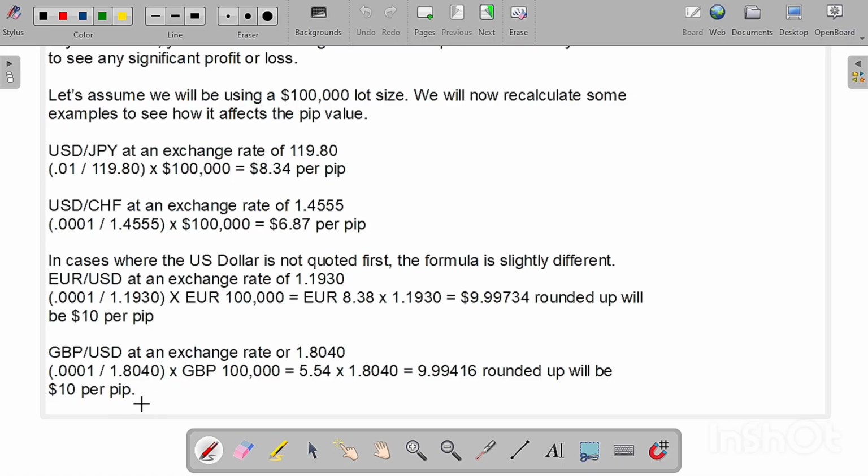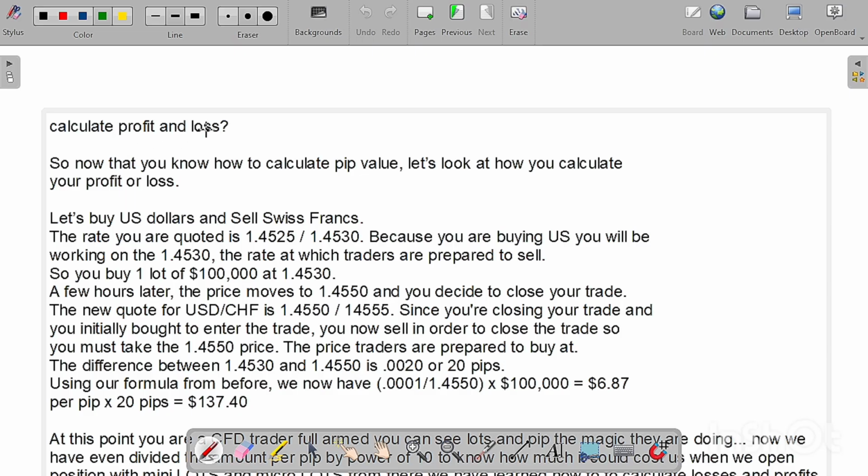When you are calculating now, you will multiply the number of pips from your entry position by the pip value itself, which is the amount of money regarding this pair, and this pair, and this pair. So let's go on. Now let's calculate profit and loss.